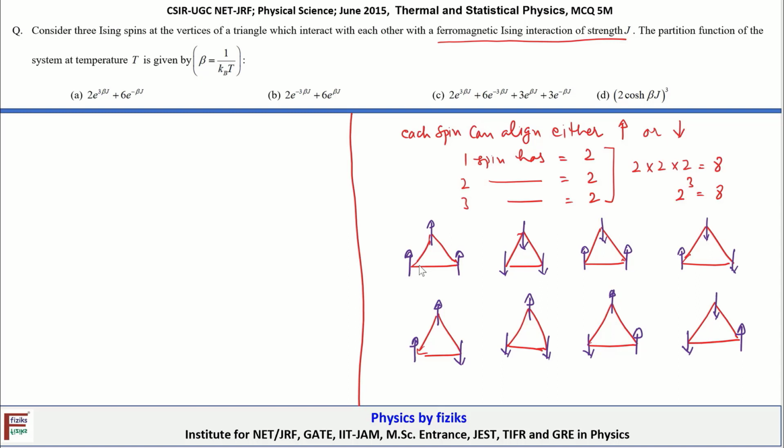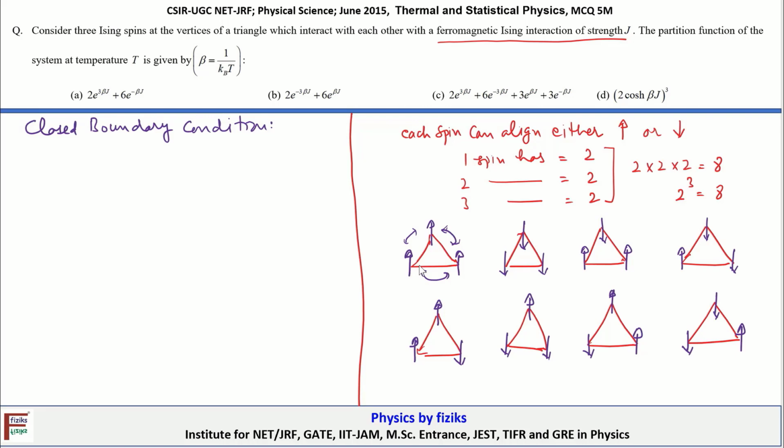Now we will evaluate the energy of interaction between the spins. But if you notice here, we need to apply the closed boundary condition. That's an important point to note. So this spin can interact with this spin, and this spin can also interact with this spin, and this can interact with this spin.